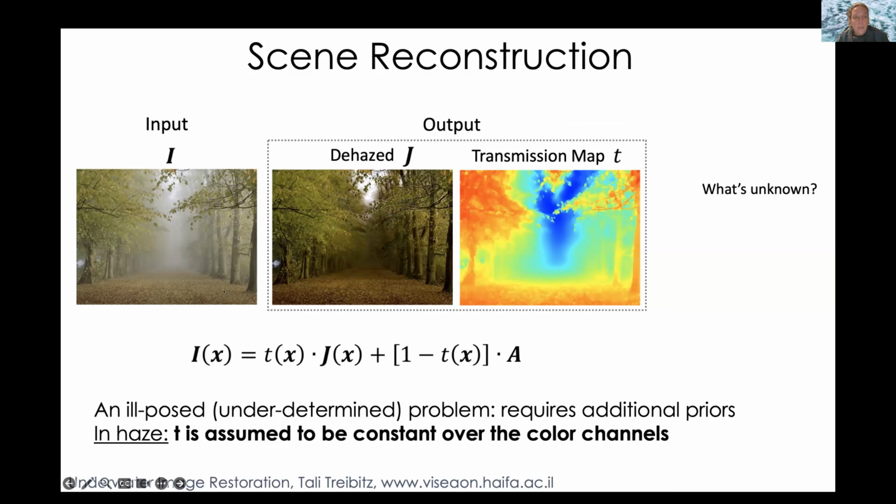But as I said, all the deterioration depends on the distances of the object. So we also have an additional unknown per pixel, which is the distance of the object. This is if we want to do accurate restoration. So then the problem is called ill-posed or underdetermined, because we have 4 unknowns per 3 inputs per pixel.